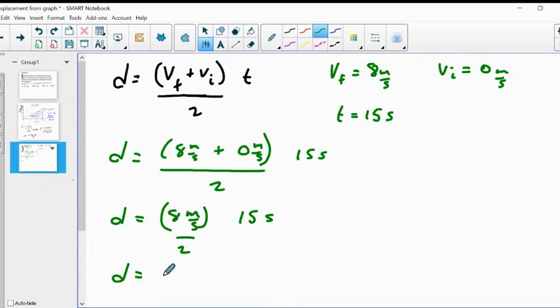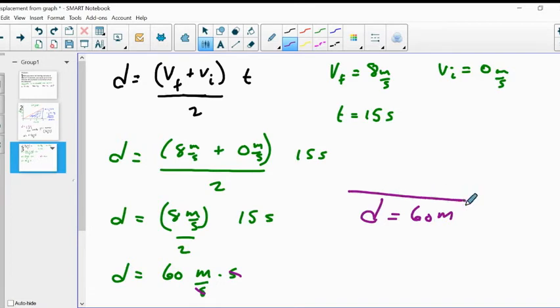So my distance will be 60, and looking at my units, I'm seeing meters per second times seconds. These units will cancel out, and I end up with a final distance of 60 meters.